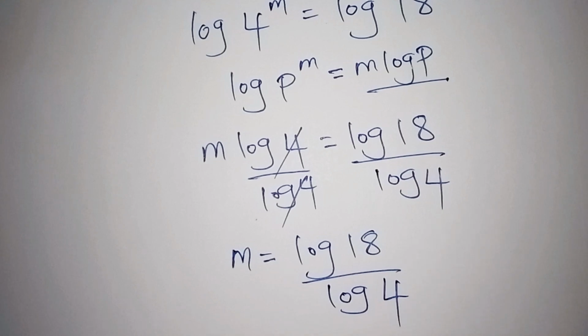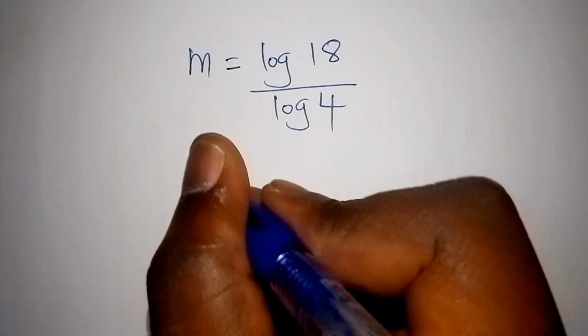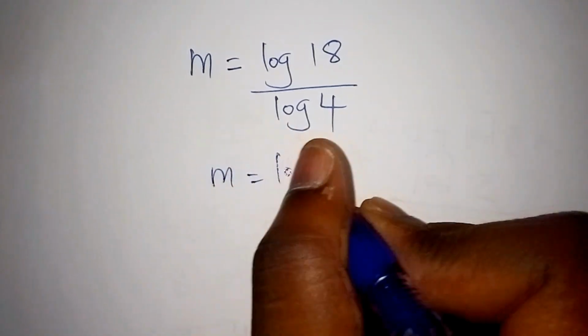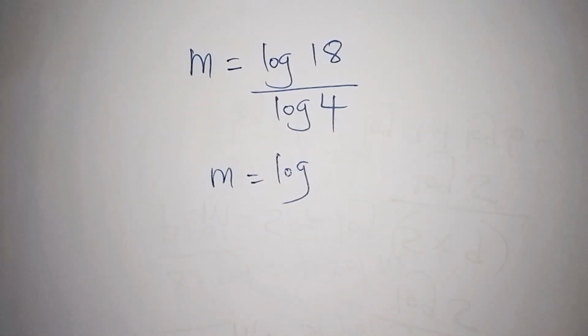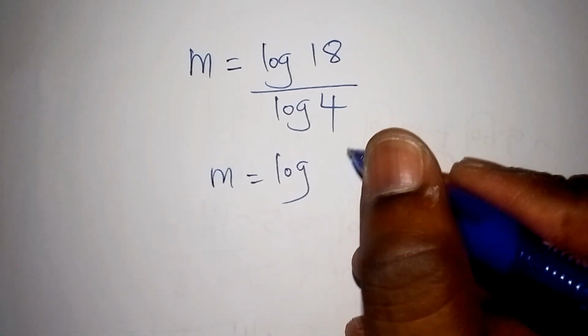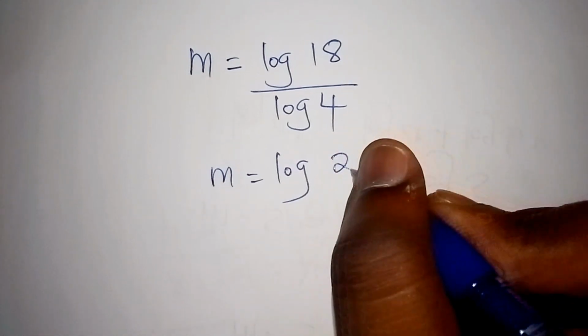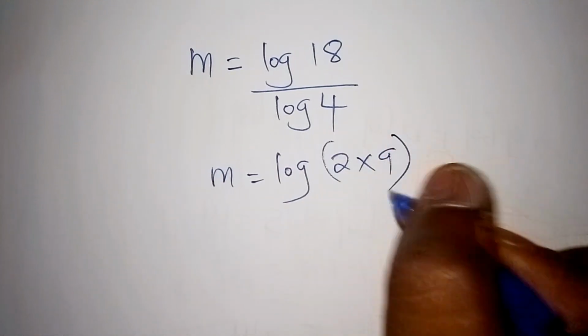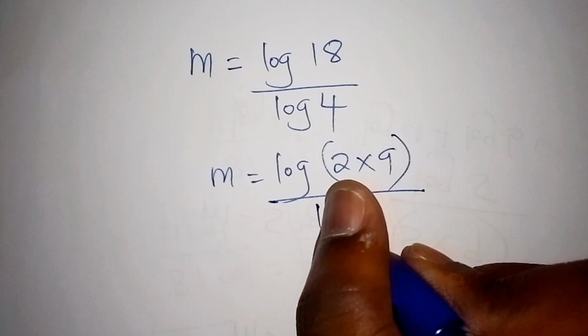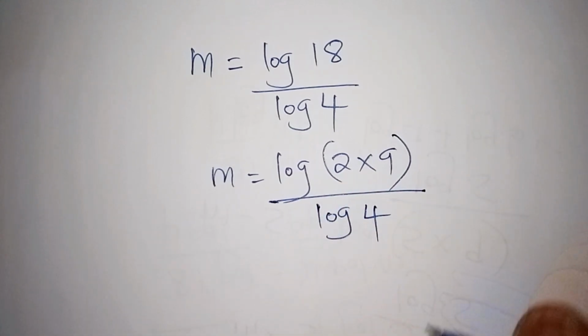That is not the answer because we have not simplified it, or factorized it completely. We can still simplify it. m is equal to the log of 18, which can also be written as the log of 2 times 9, so let's pick the numbers that when multiplied give 18. We put it in brackets all over the log of 4.